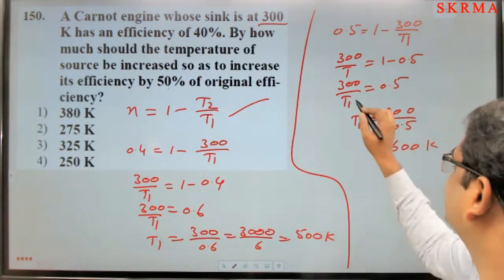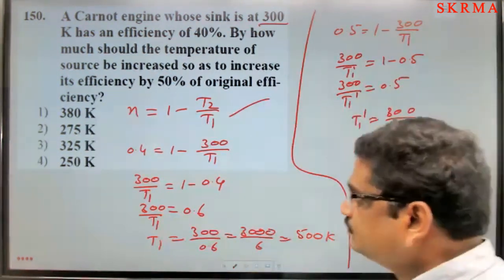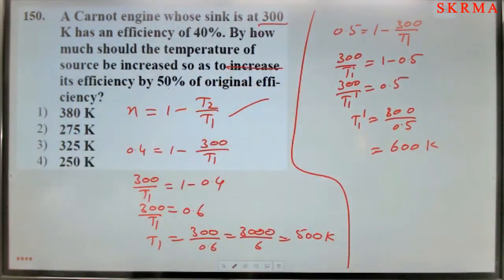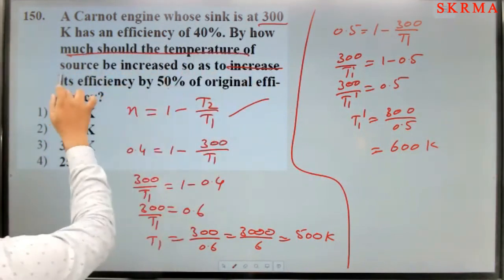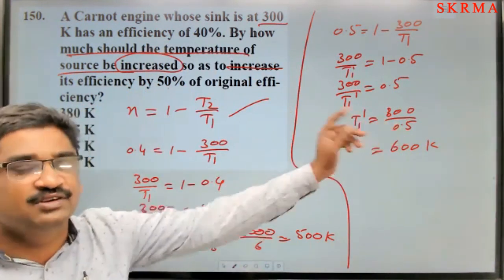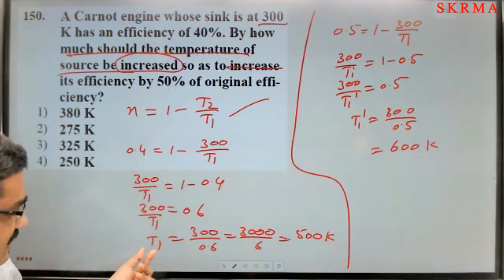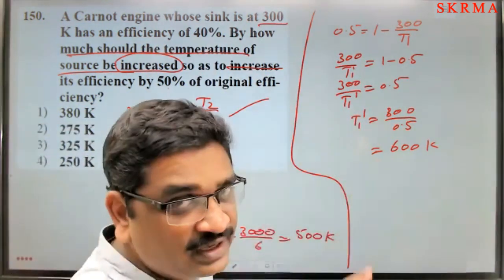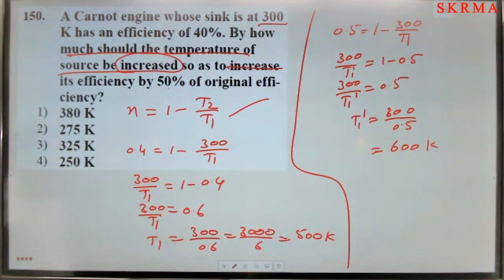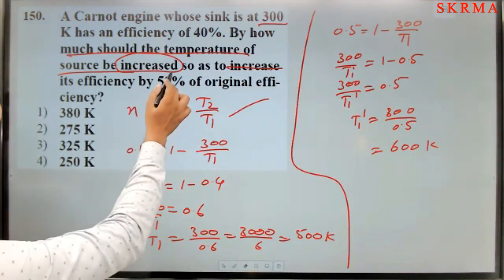Let it be T1 dash. Now, he is asking about the increase. How much should the temperature of the source be increased? He is not asking about the final temperature. T1 is 500 and T1 dash is 600, so the increment is 100 Kelvin. Once again, here 50% is there.